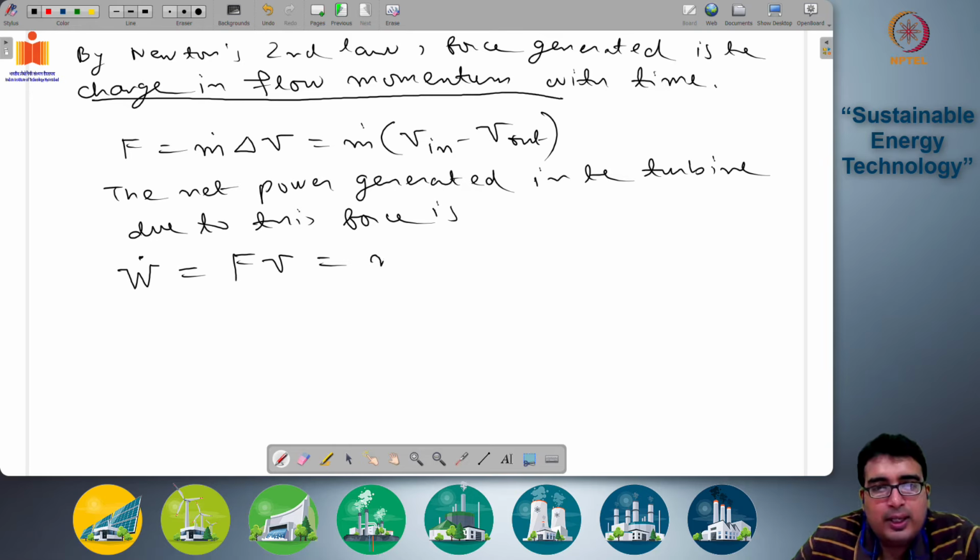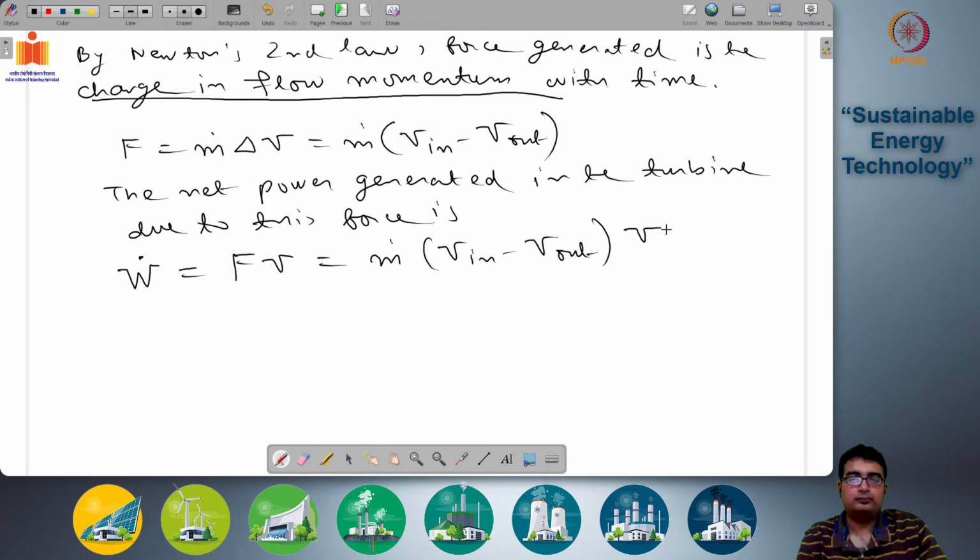So m dot into V in minus V out into V. So this is the power generated in the turbine due to this force. Now what is m dot?